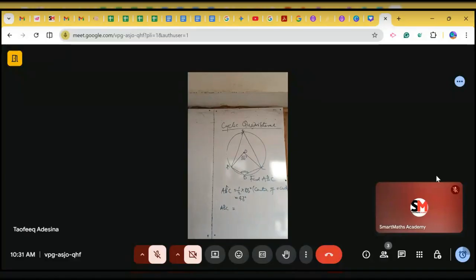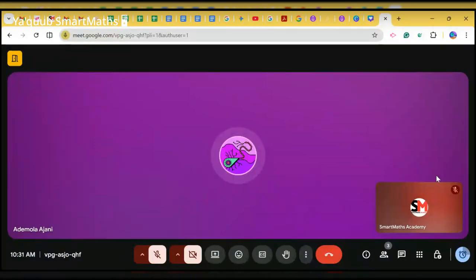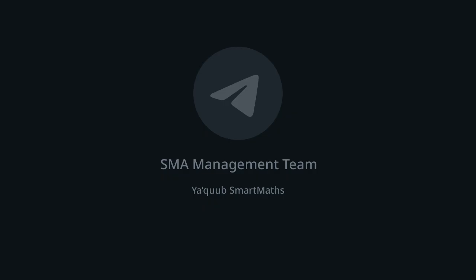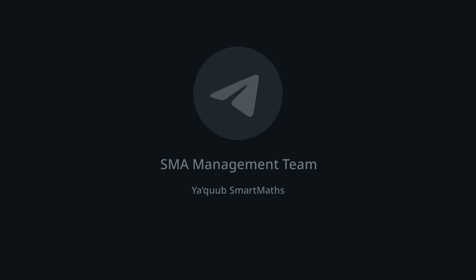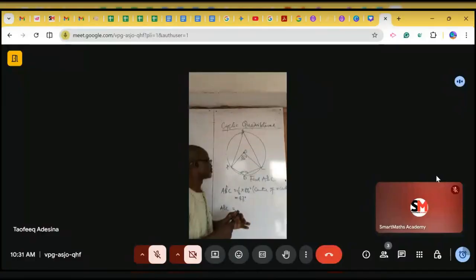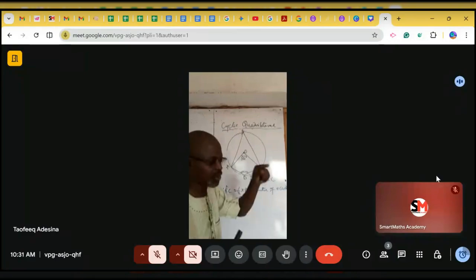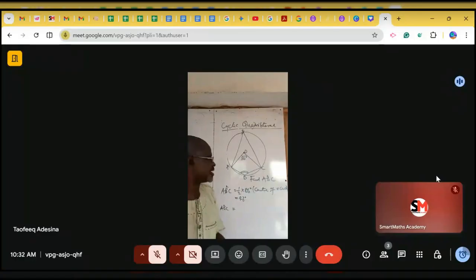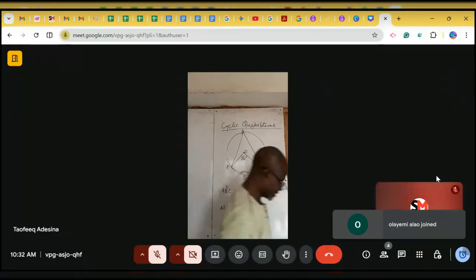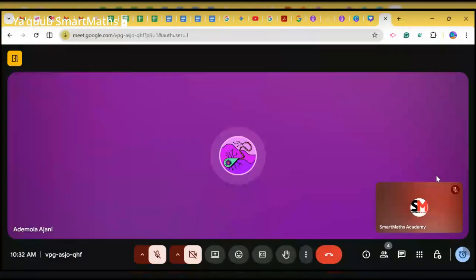Since ABCD is a cyclic quadrilateral, and ABC and ADC are opposite angles, that means they are supplementary.